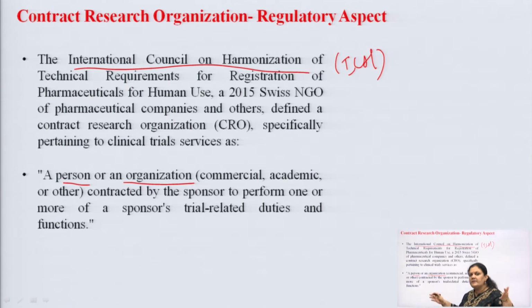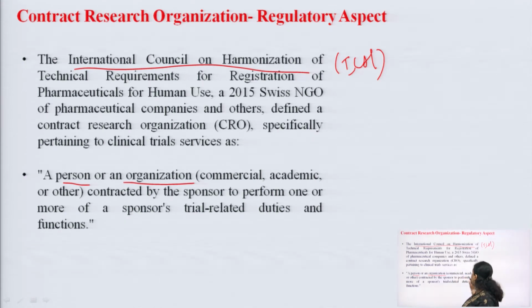Organization means a committee, a group of highly skilled people involved in commercial, academic or any other field. They are contracted by the sponsor to perform one or more of a sponsor's trial related duties and functions.